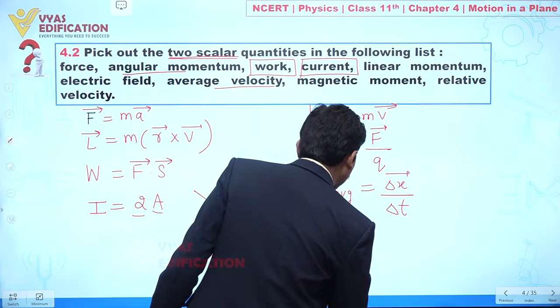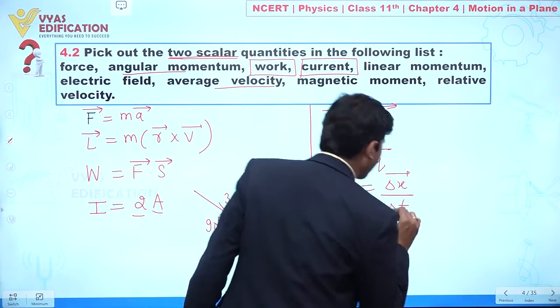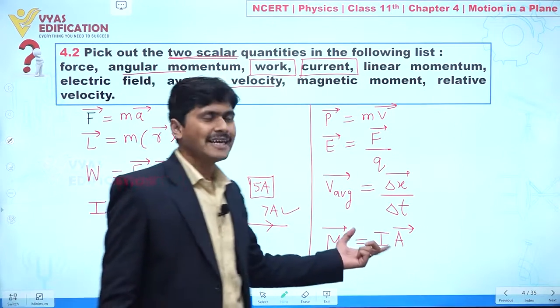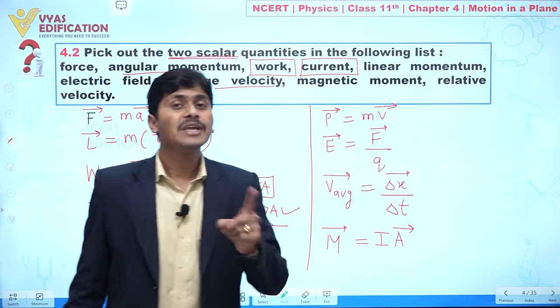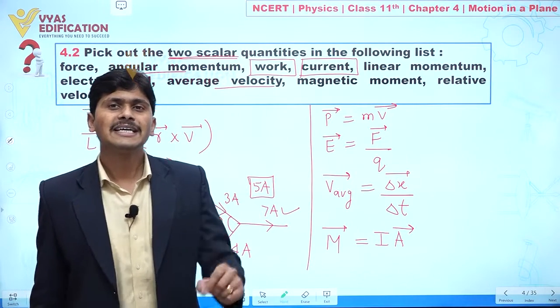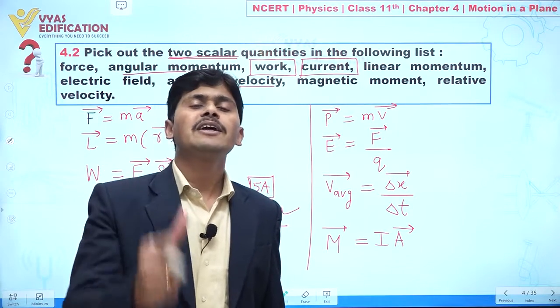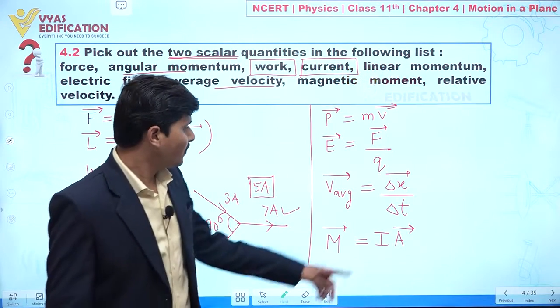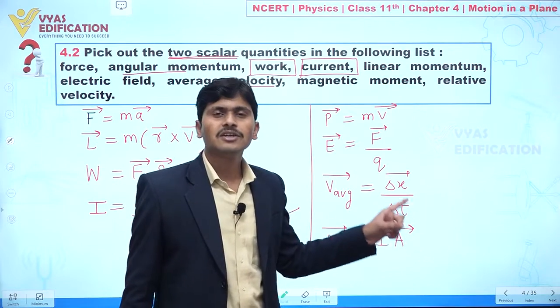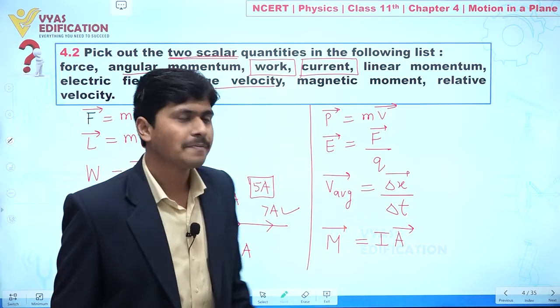It is defined, M vector, as I times A. This is the formula. Now electric current is a scalar quantity, but area is a vector. Clear? Always remember, this is very, very important. Area is a vector quantity and the direction of the area vector is always perpendicular to its surface. Clear? So area is a vector, so magnetic moment is also a vector quantity. Clear?